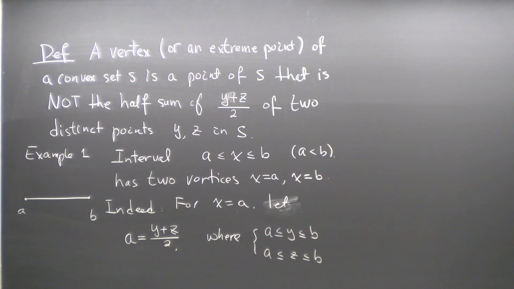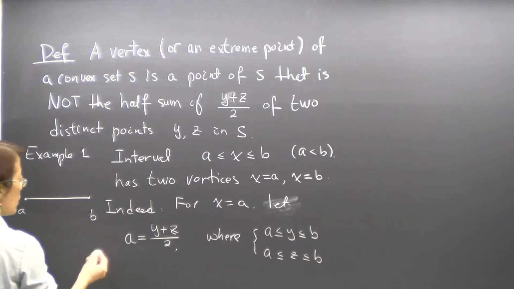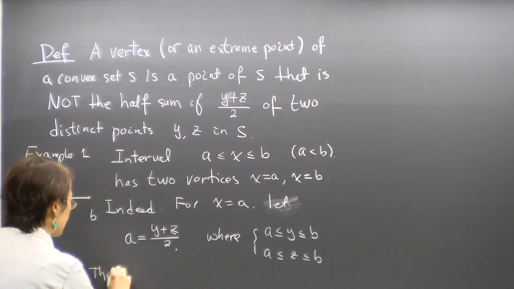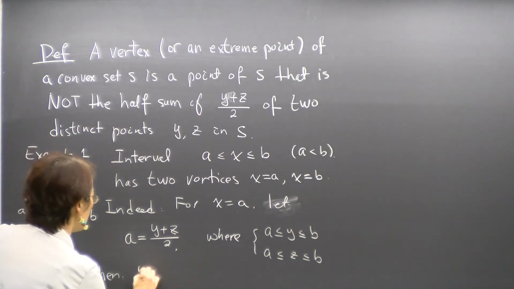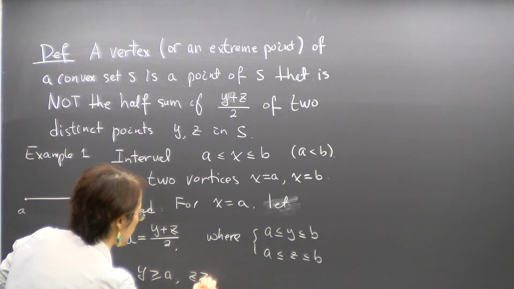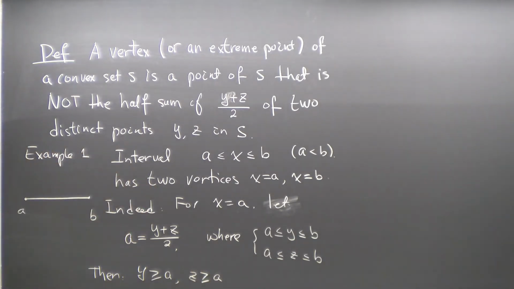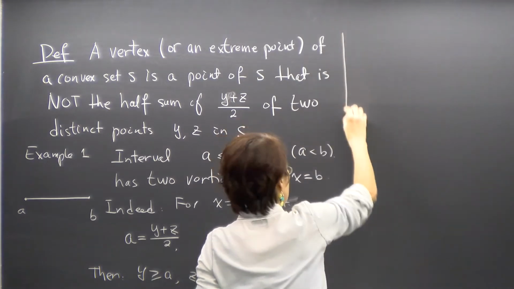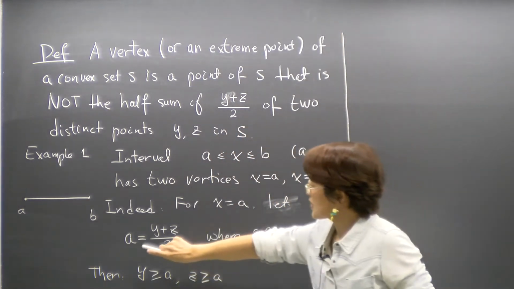That's my set. Is that OK? So just try to put up some argument here. In particular, I know y is bigger than a, and z is bigger than a. Is that right?